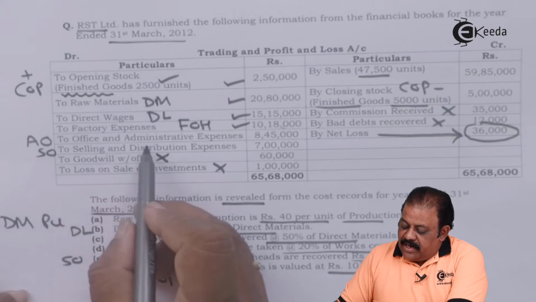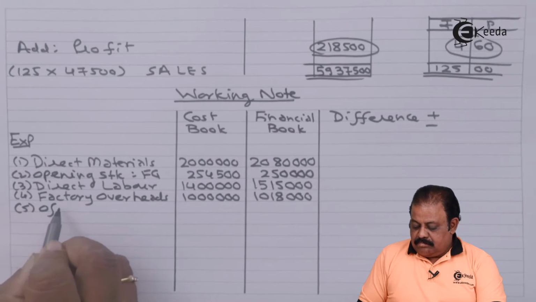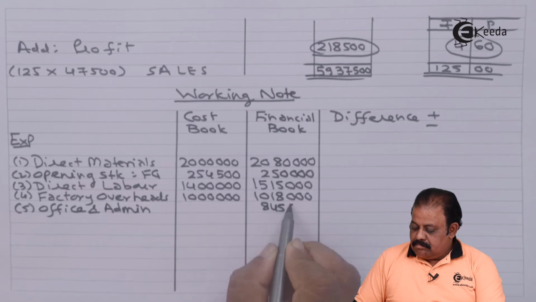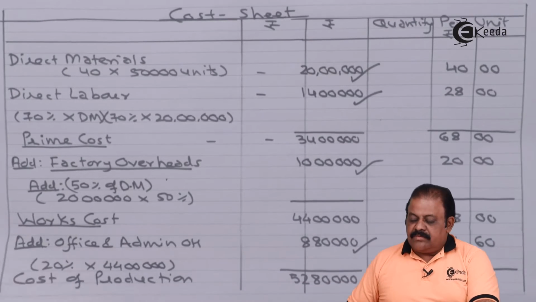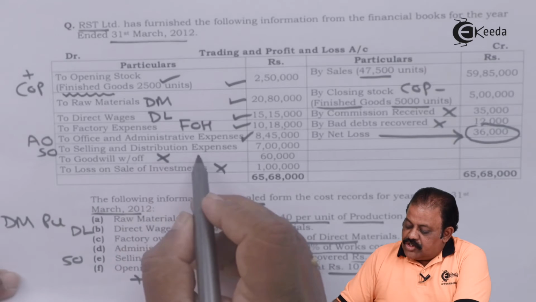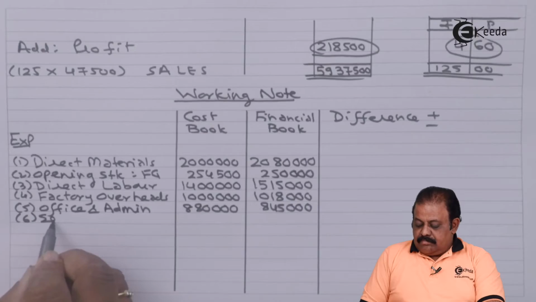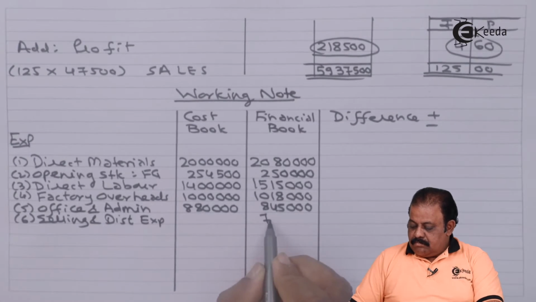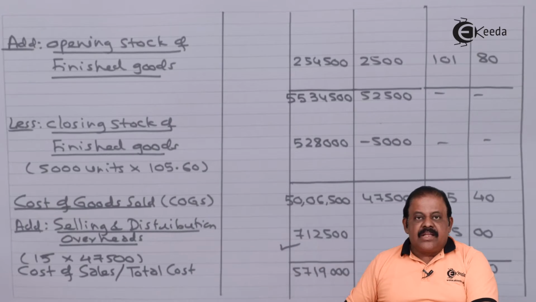As per profit and loss account, office overheads are 8,45,000. As per cost sheet, it is 8,80,000. Selling and distribution expenses as per profit and loss account 7 lakhs. As per cost sheet, selling and distribution expenses 7,12,500.